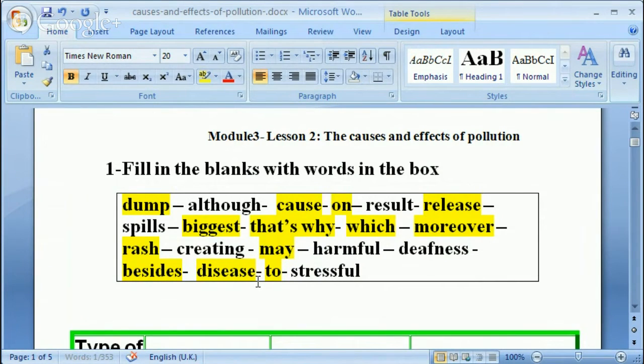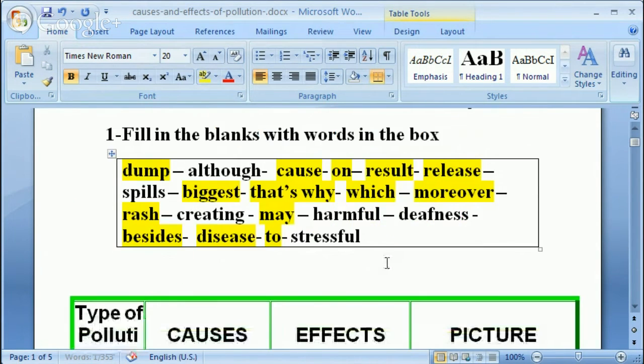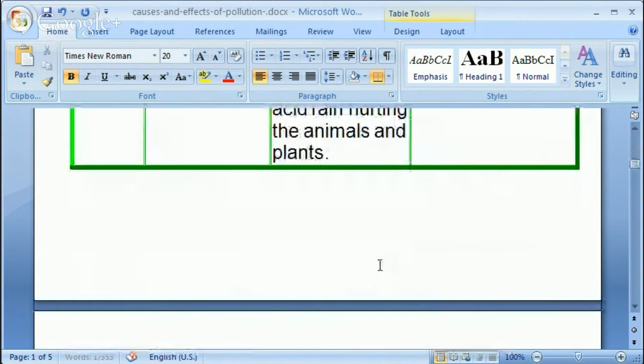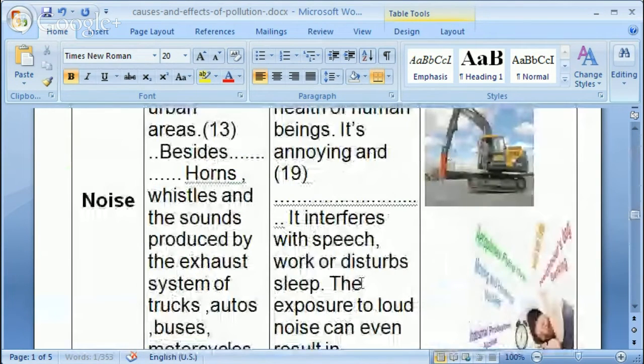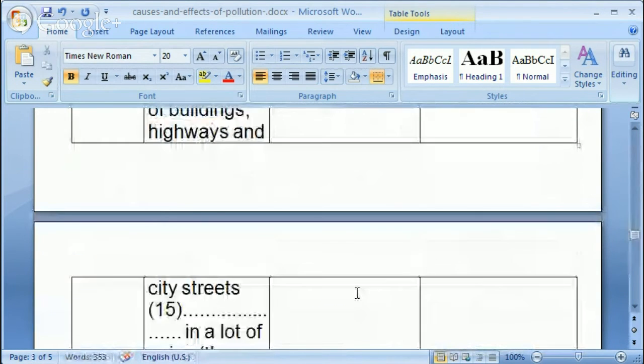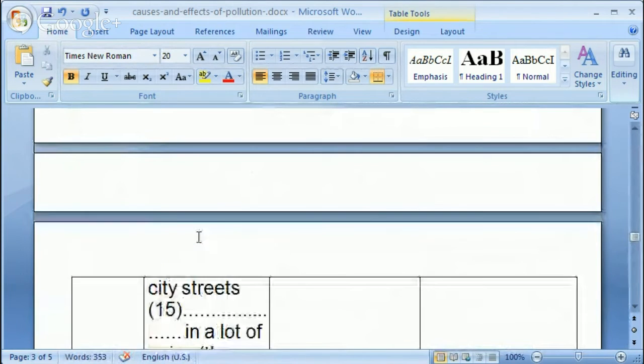All right. Building and construction, something in a lot of noise. Although in a lot of noise, creating a lot of noise, maybe. Result in a lot of noise. You're looking at cause and result here. It would seem to be the most obvious answer. So let's see how that fits.